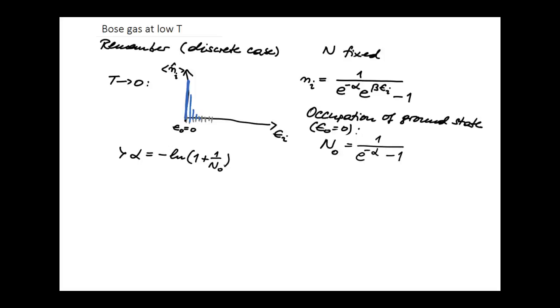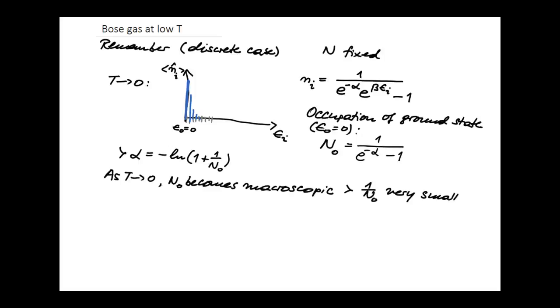As the temperature goes to 0, we said that this ground state occupation becomes macroscopic. So N_0 becomes very large. So 1 over N_0 becomes very small. And this allows us to expand the logarithm and say this is approximately equal to minus 1 over N_0.